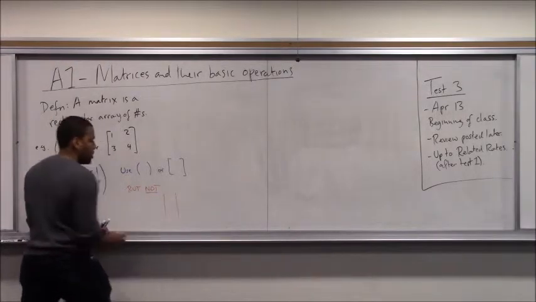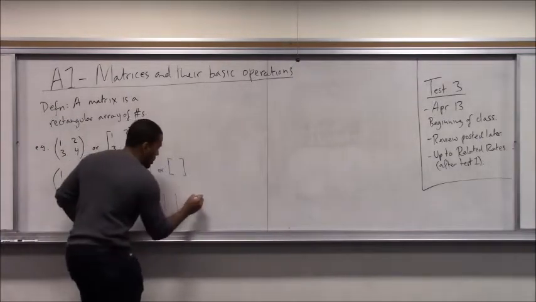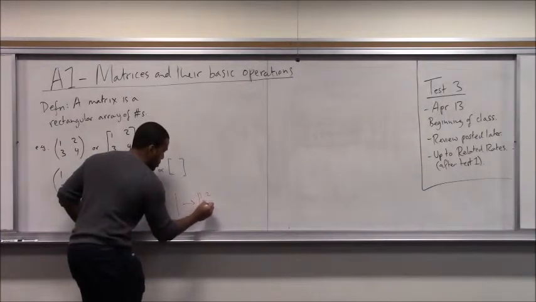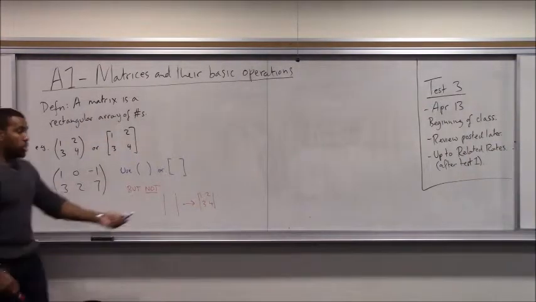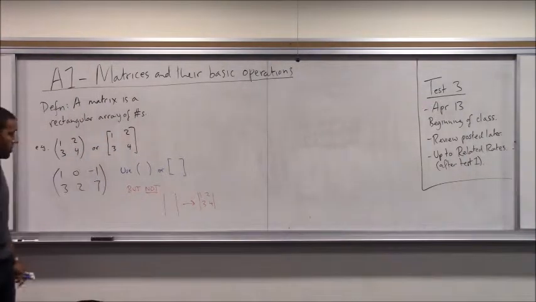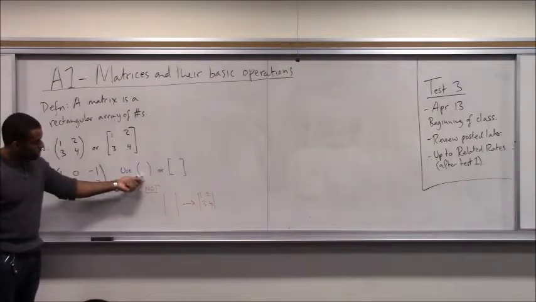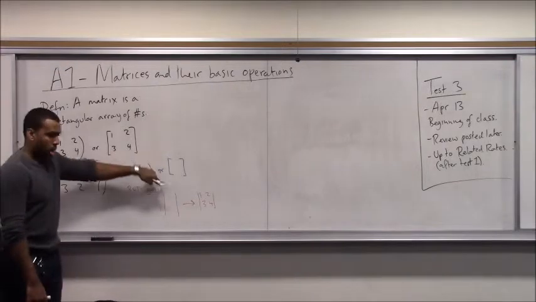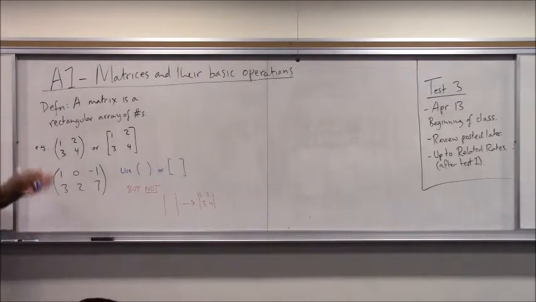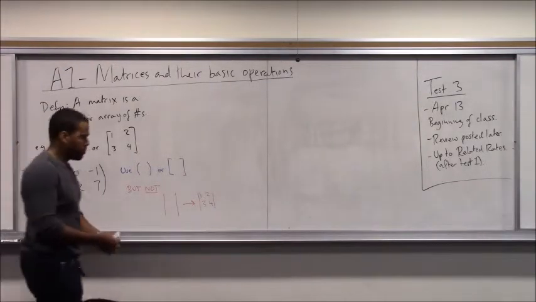If I do bars around 1, 2, 3, 4, that means something very specific. It's actually talking about the determinant of the matrix and not the matrix itself. So if you want to write a matrix, you either write big parentheses around a rectangular array of numbers, or you put brackets around a rectangular array of numbers. Do not put straight lines. They mean something else.